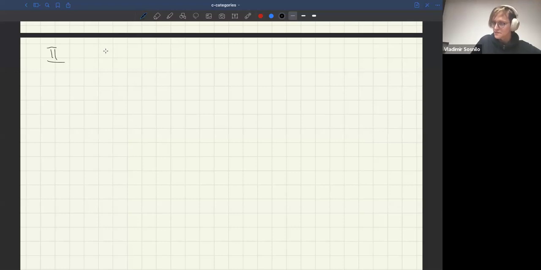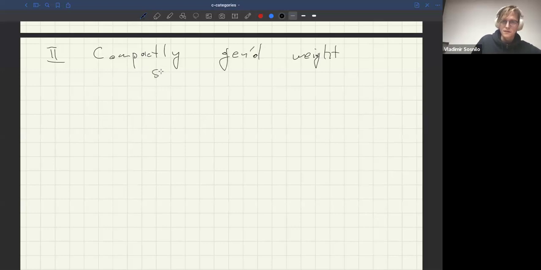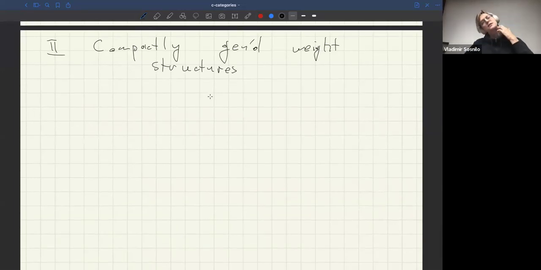Okay, so the idea now is the following. Although you don't get a bounded weight structure on perfect complexes, maybe I should have given you an example first.